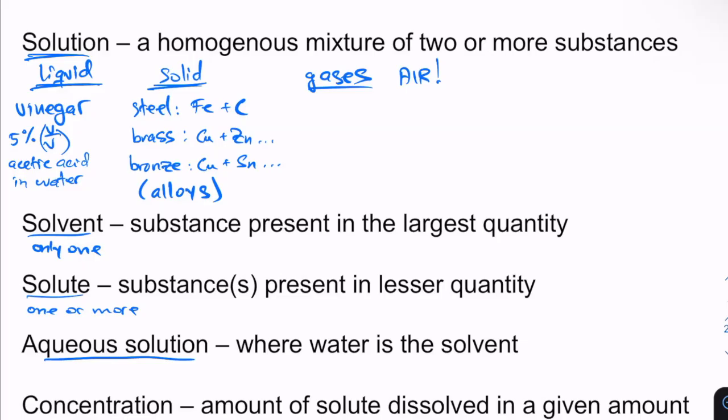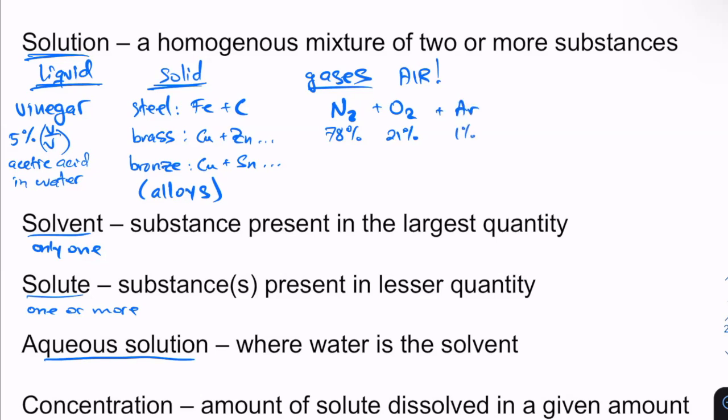Nitrogen. Nitrogen is the solvent. Molecular nitrogen, okay? It's about 78% nitrogen. Of course, you think about oxygen as being in air. We need the oxygen. That's only about 21% of the composition of air. And then argon makes up most of the rest of it.